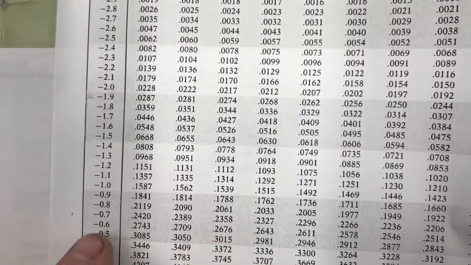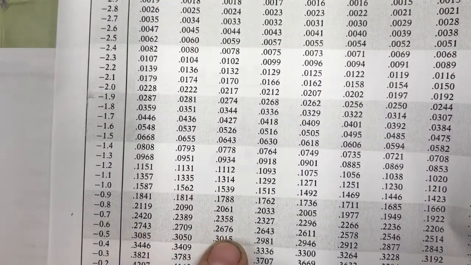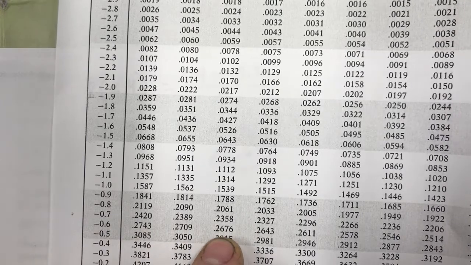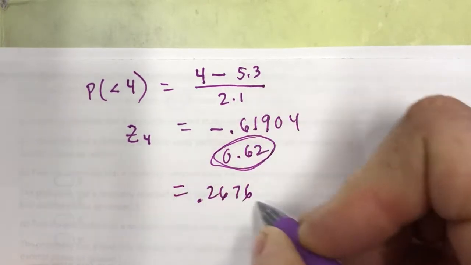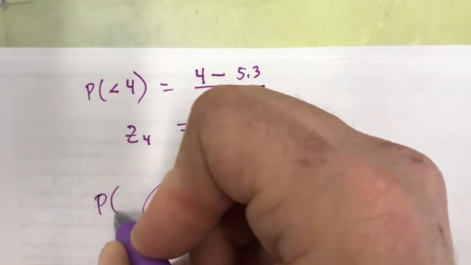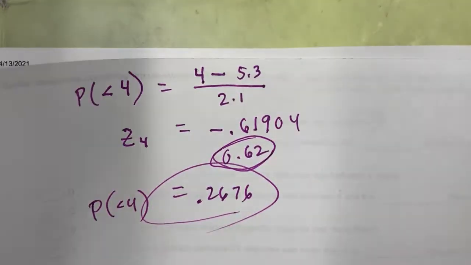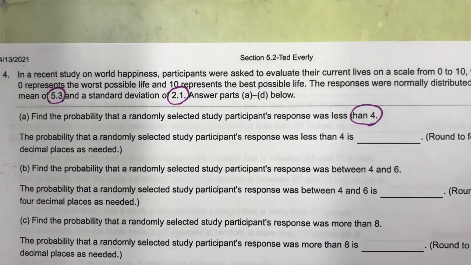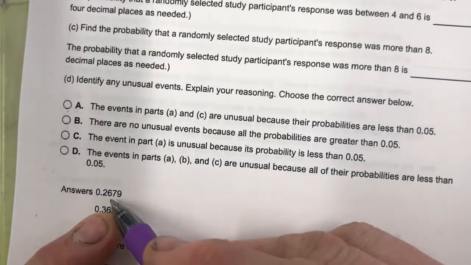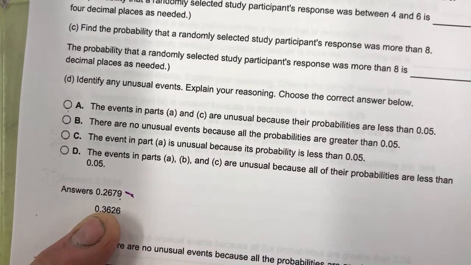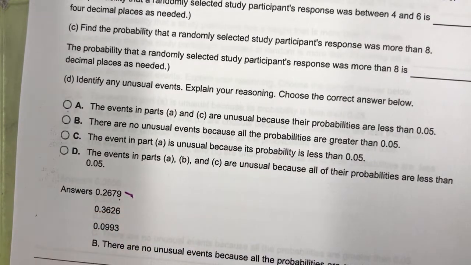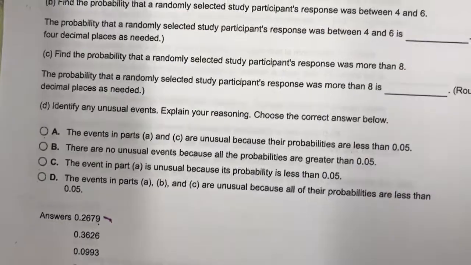Okay, look again, 0.2676. So that's my probability that it's less than 4. And you can see here it's 0.2679. It's a little off because this is exact. We just use the table. We don't have the technology to have it exact, but our answer is going to be good.